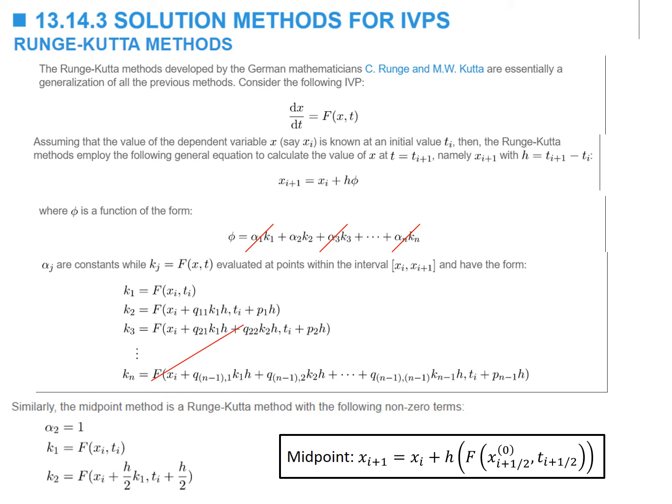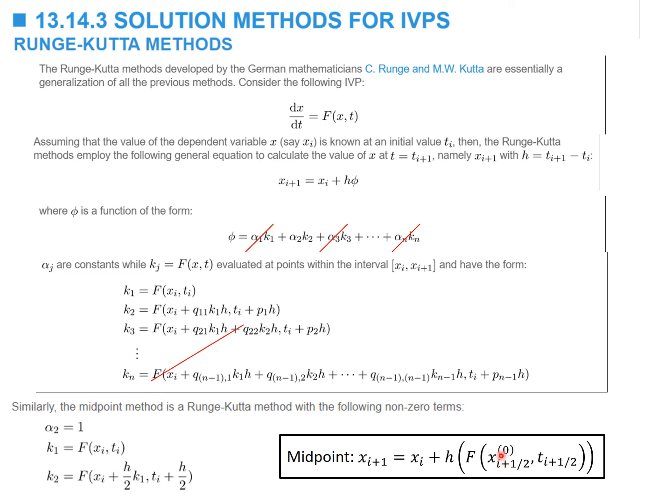The midpoint method, if you recall, x sub i plus 1 was equal to x sub i plus h multiplied by the slope at the intermediate point between x sub i and x sub i plus 1, or between t sub i and t sub i plus 1. This x sub i plus half, if you remember, was evaluated using the slope at the first point.